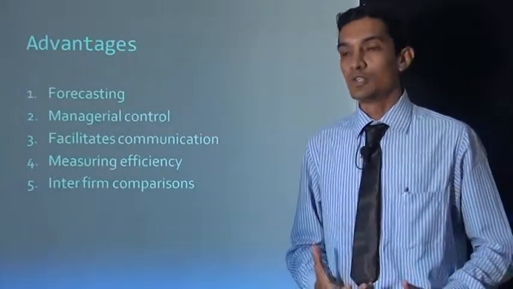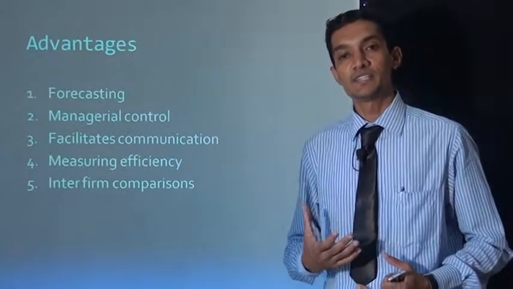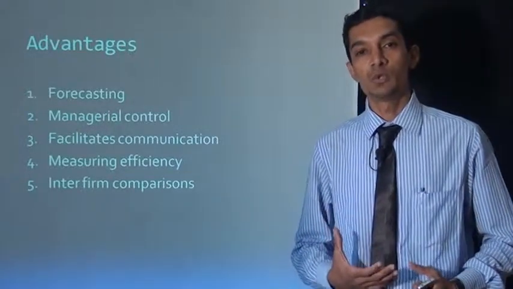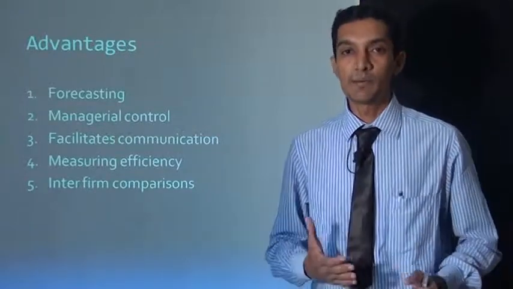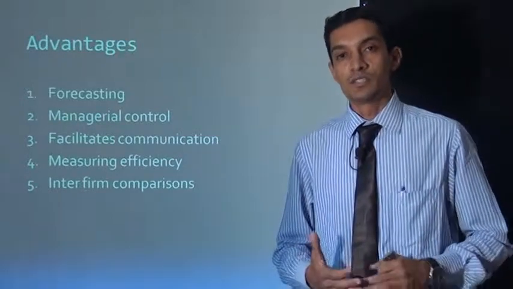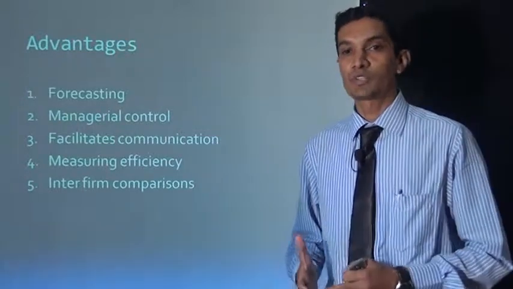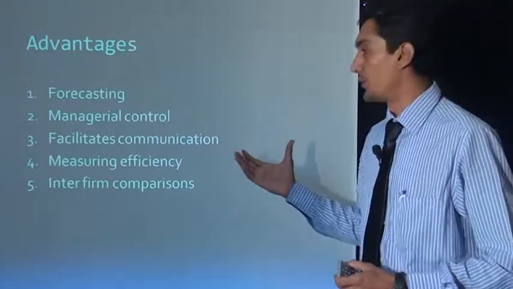So what does the manager do? The manager compares this ratio with the previous year or this year: how much profit they earn, and whether the situation of their profit is good or not. That is all related to managerial control.